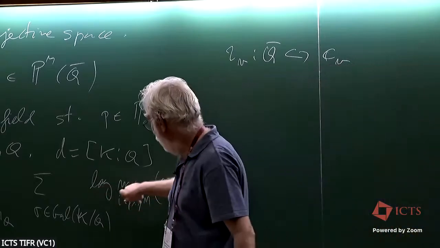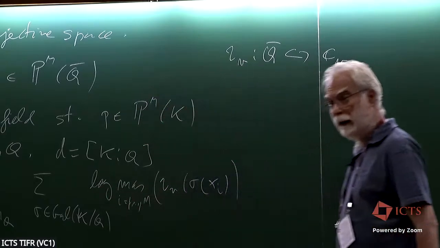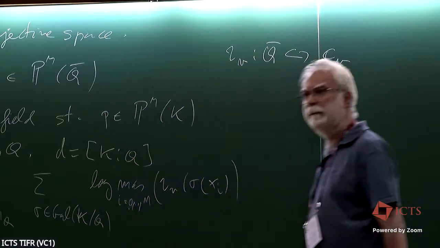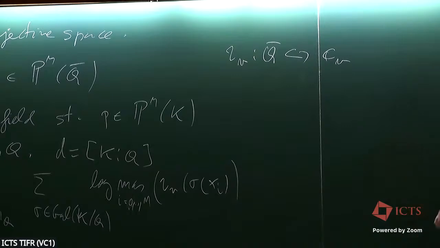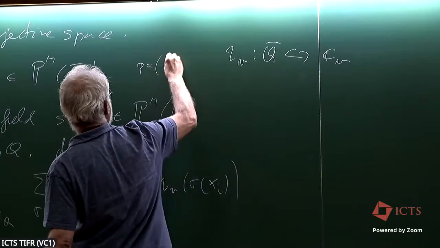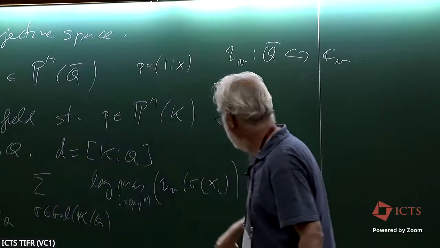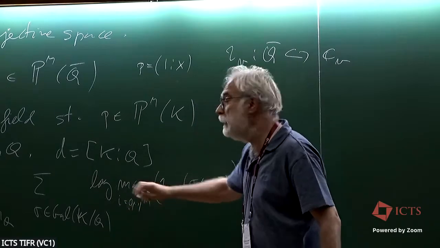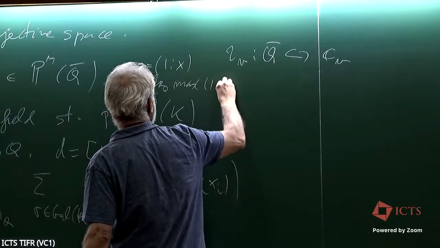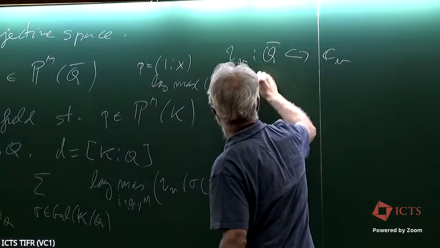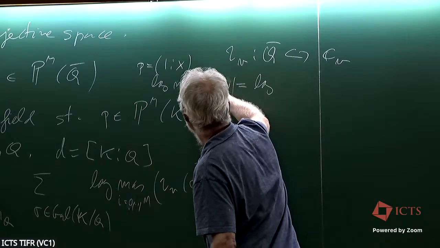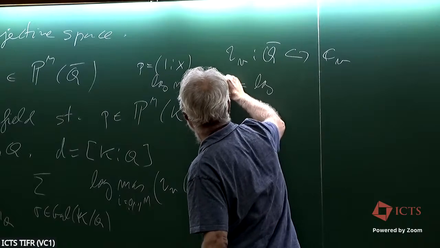And I take the log of the max over all of the coordinates, sorry, for i equal to 0 up to n. Okay. Observe that, for instance, if my point P was of the form [1 : x], now when I take the max of all the coordinates, of 1 and x, this is exactly the same as log plus of the max of the absolute value of 1 and the absolute value of x.